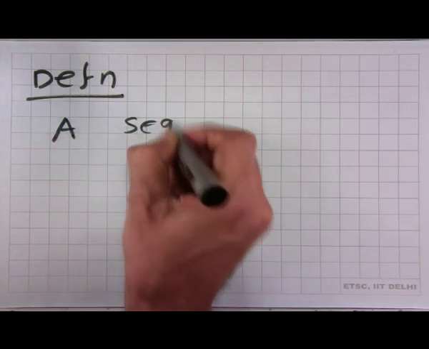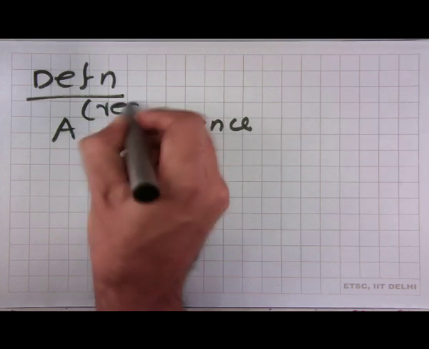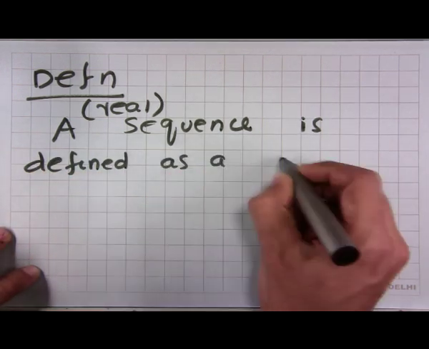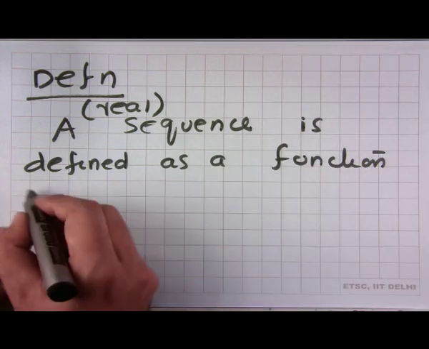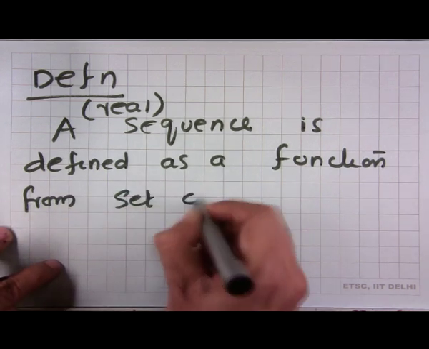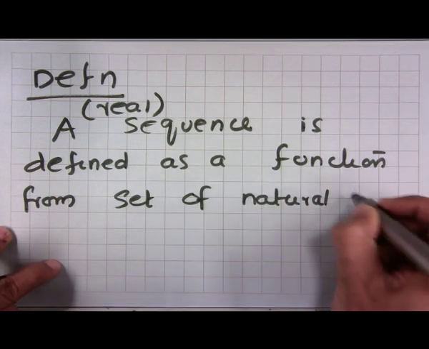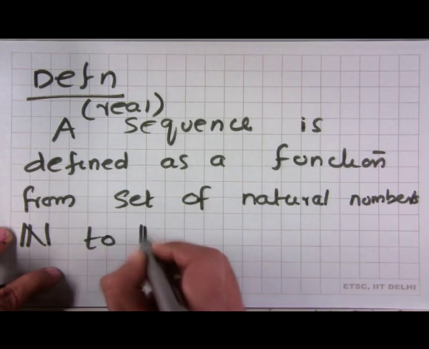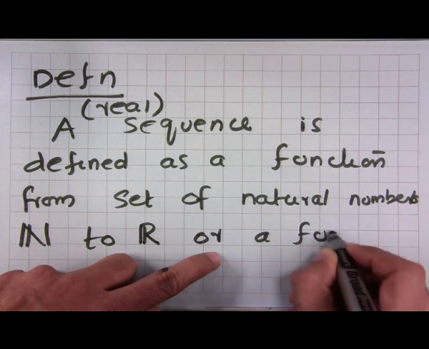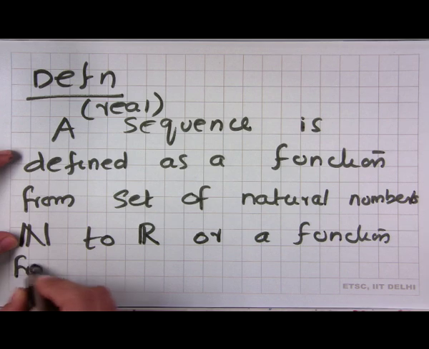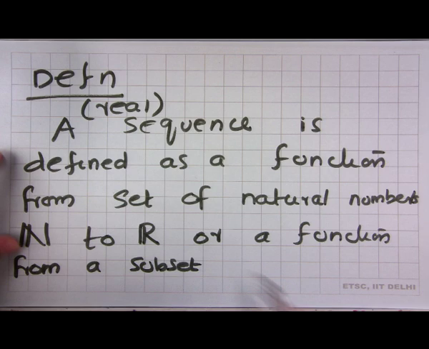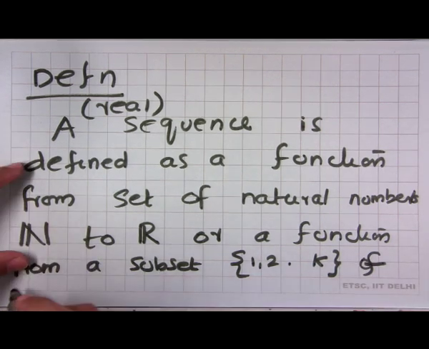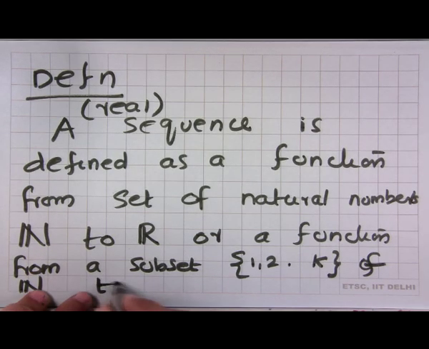A sequence, in fact a real sequence, is defined as a function from the set of natural numbers, denoted by N, to R, or a function from a subset 1, 2, 3 etc. up to k of N to R.